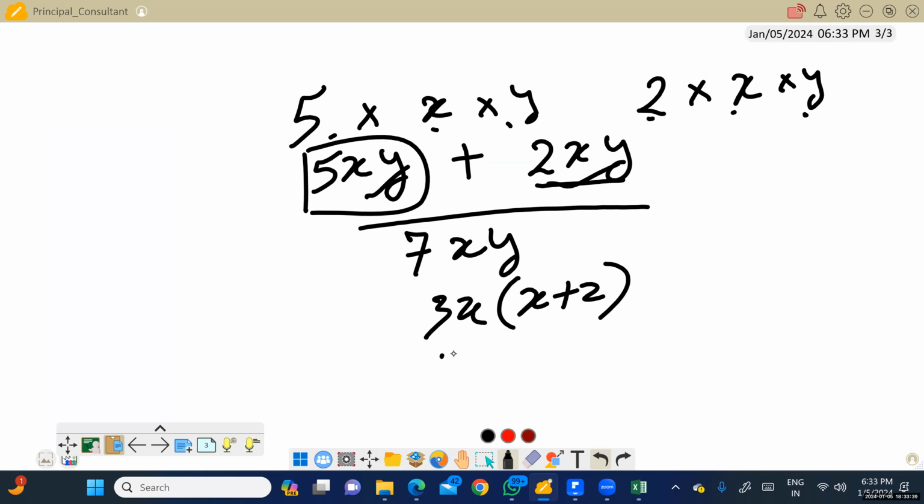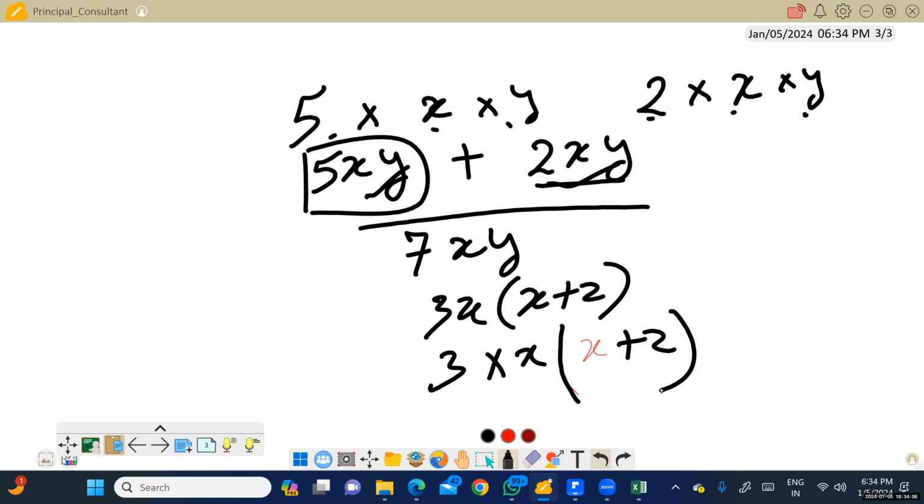So this is 3 into x, right? How do we write this now? 3 into x into x plus 2.